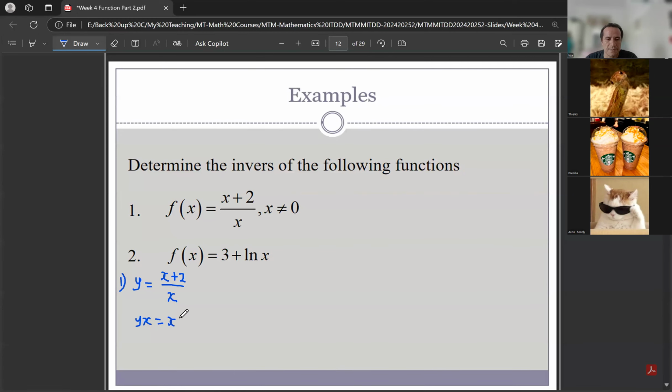After that, we move x from the right to the left. We have that y x minus x is equal to 2.